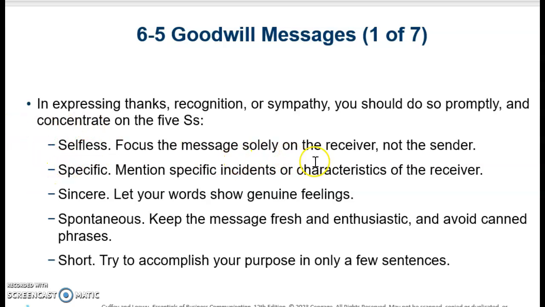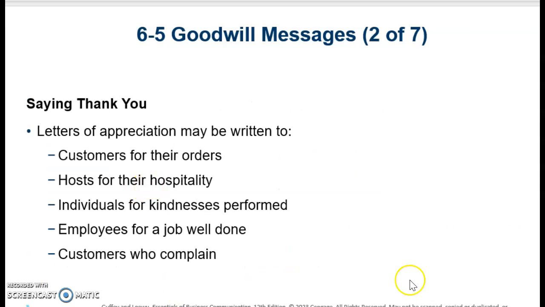Focus the message on the receiver. Mention incidents or characteristics of the receiver. Let your words show genuine feelings. Keep the message fresh and enthusiastic, and keep it short.